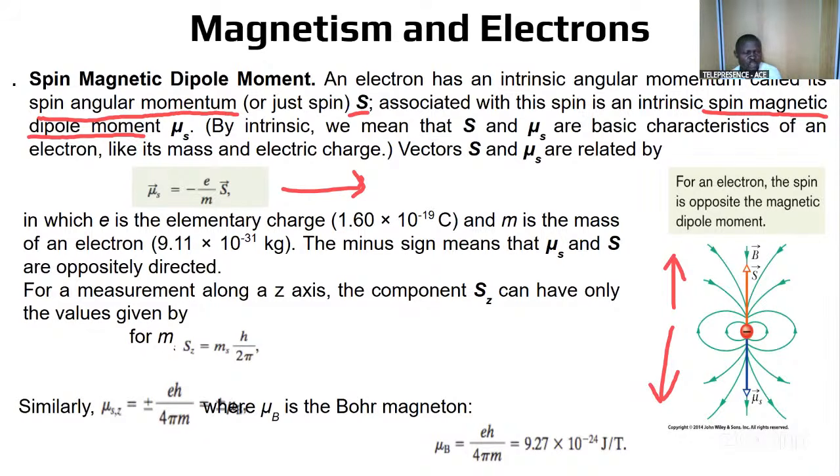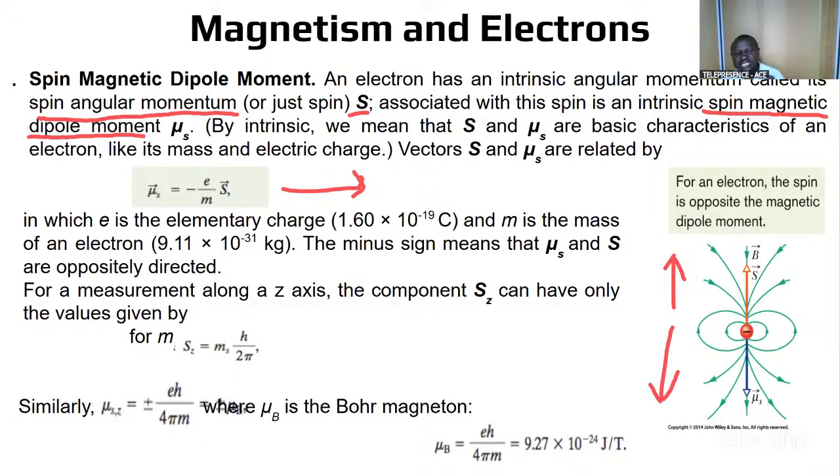So the electron has some natural characteristics. We have the electric charge and the mass, but also spin angular momentum. As this electron spins up and down, it has angular momentum, and this angular momentum is a vector quantity.